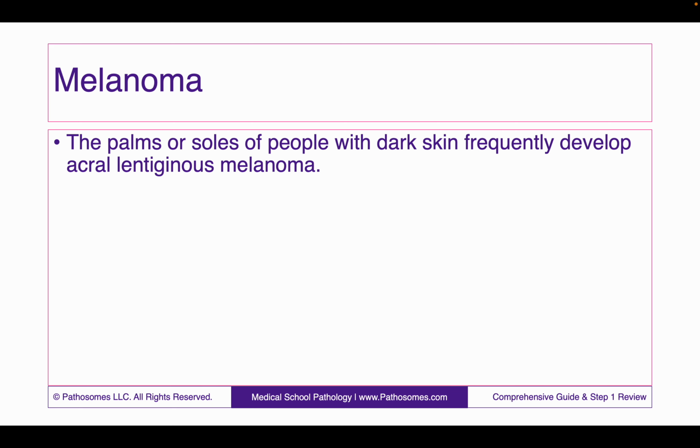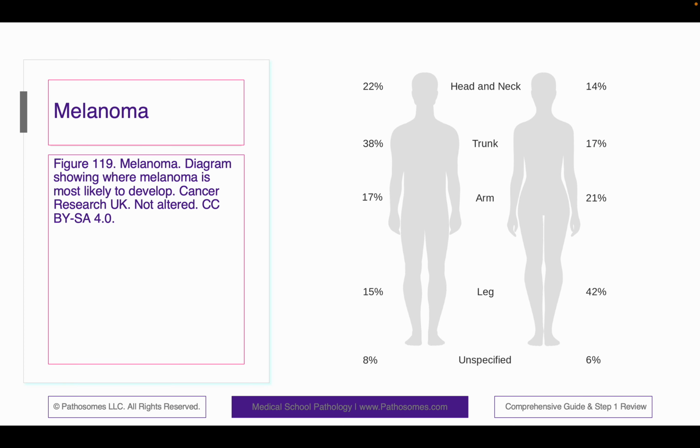Now, the palms or soles of people with dark skin, African Americans, frequently develop acral lentiginous melanoma. And here we can see a diagram showing where melanoma is most likely to develop.